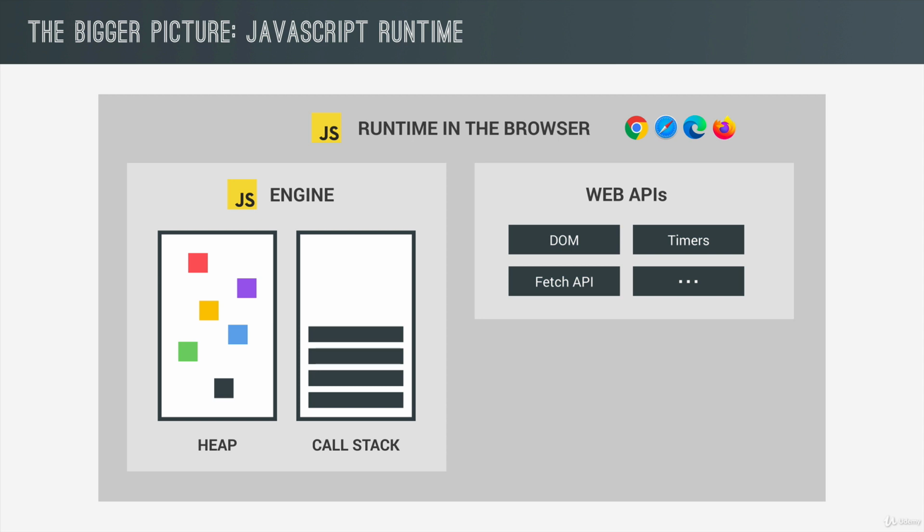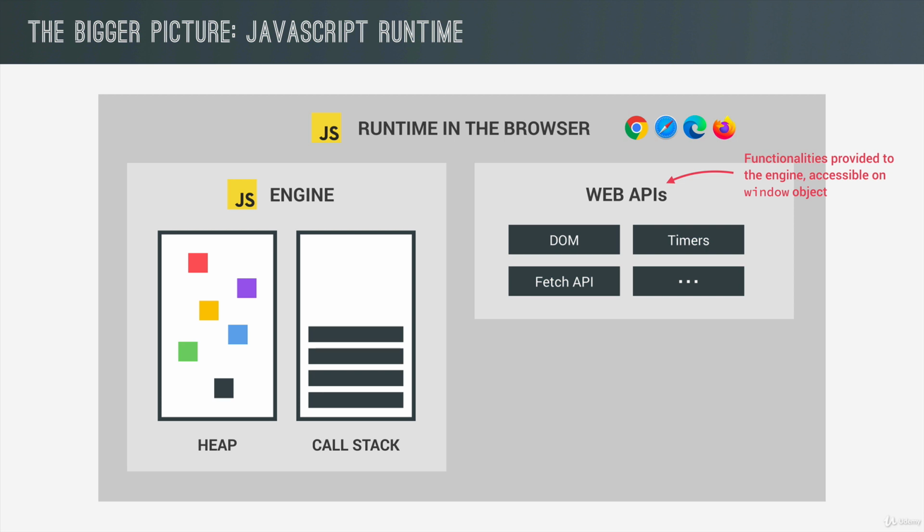So essentially, web APIs are functionalities provided to the engine, but which are actually not part of the JavaScript language itself. JavaScript simply gets access to these APIs through the global window object. But it still makes sense that the web APIs are also part of the runtime. Because, again, a runtime is just like a box that contains all the JavaScript related stuff that we need.